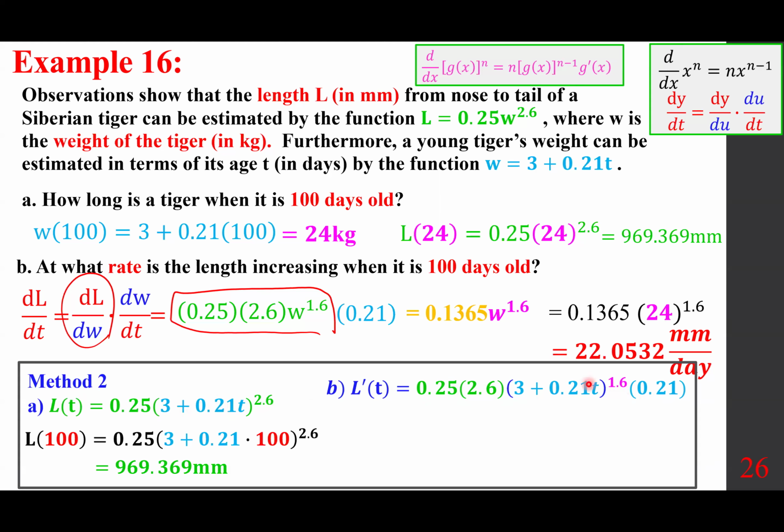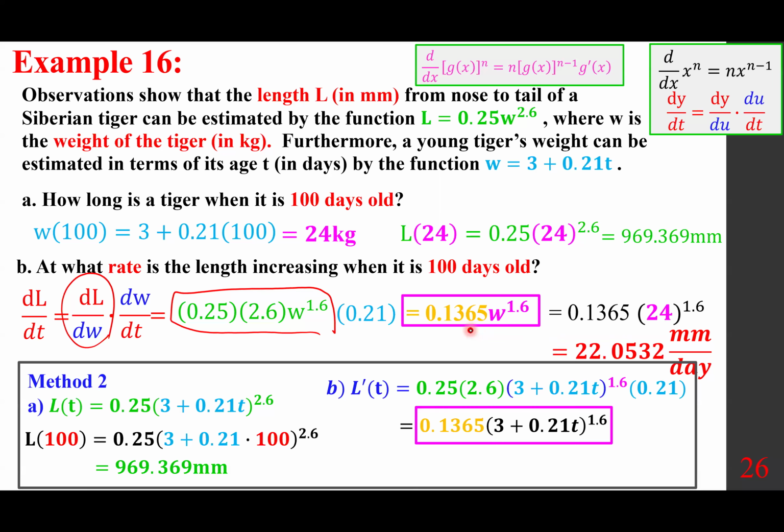If you multiply these three numbers, again, you get 0.1365. And notice, right here, if we change the W to 3 plus 0.21t, we would have gotten that. And now if you plug in 100, it will give you the same answer as here.